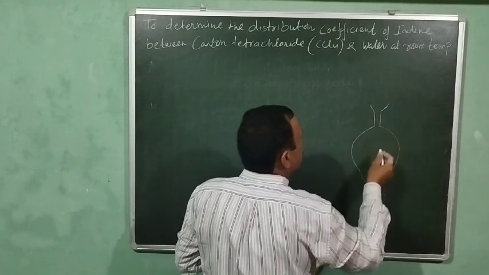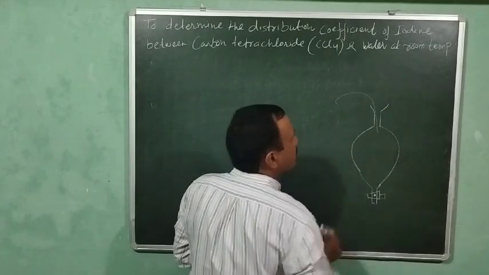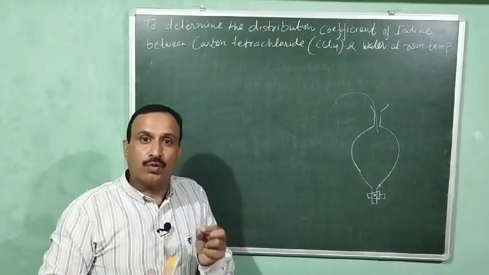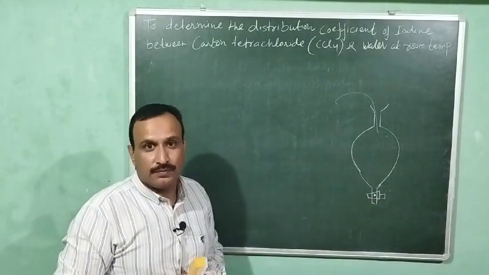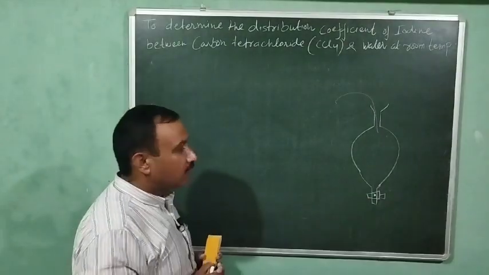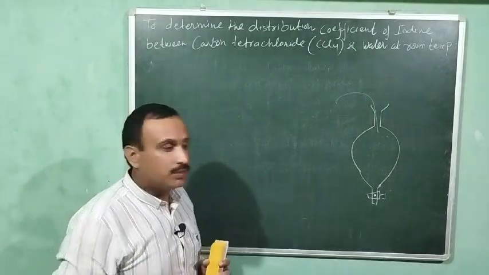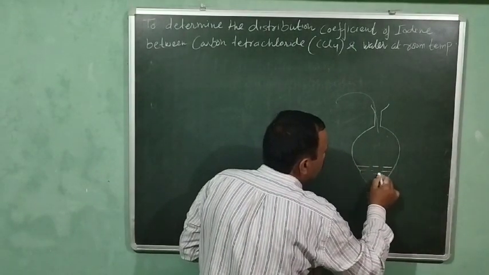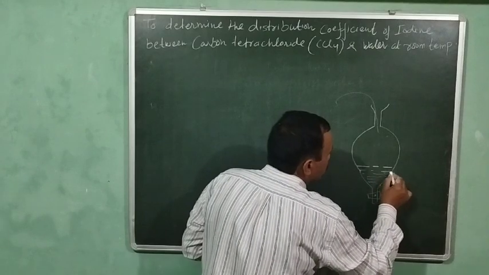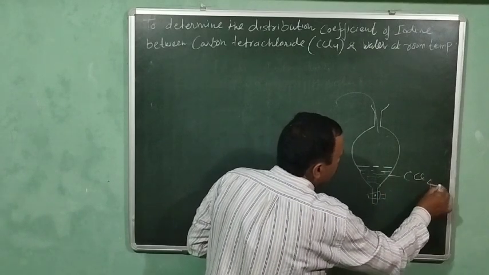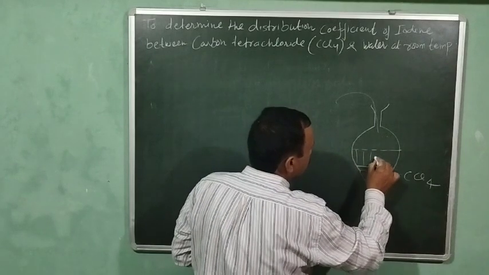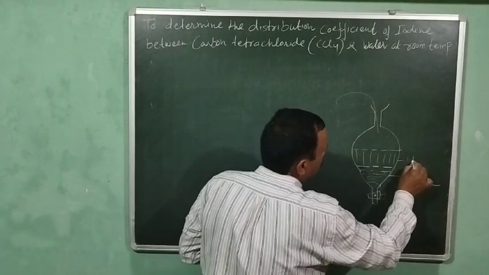and what we will do, we will transfer the solution in the bottle number 1 in the separating funnel, and in the separating funnel again the 2 layers will be formed. So the bottom layer or the lower layer will be of your carbon tetrachloride, and the upper layer will be your aqueous layer or water layer.